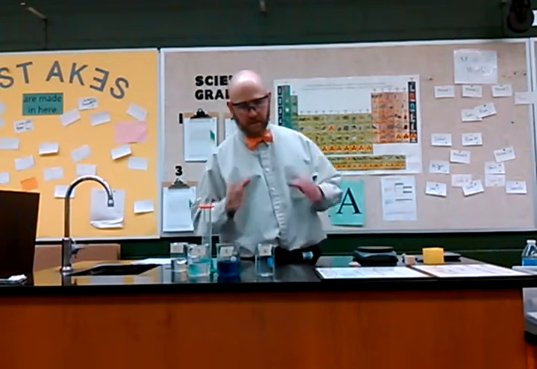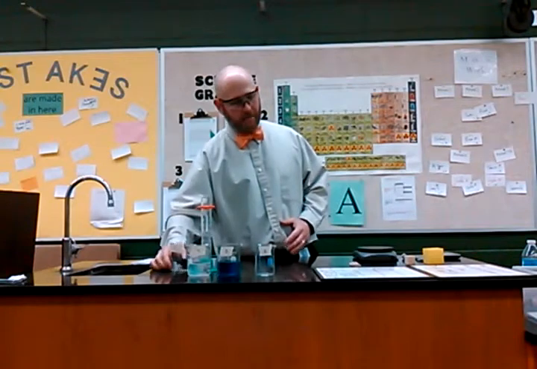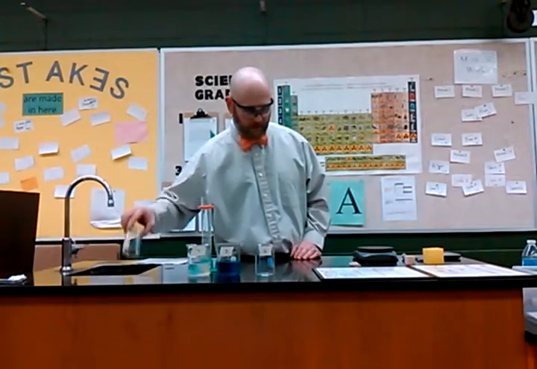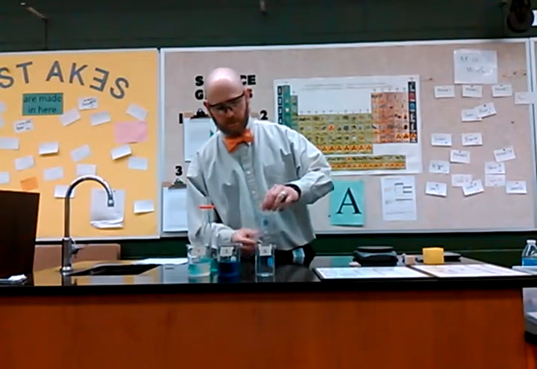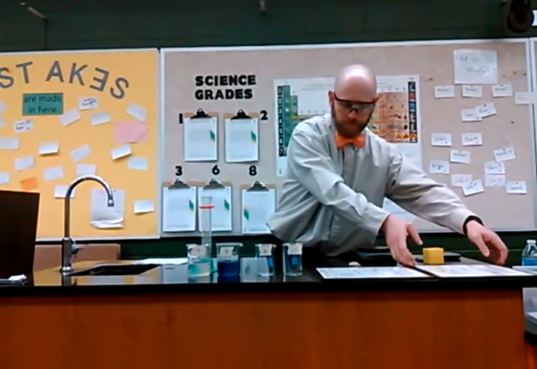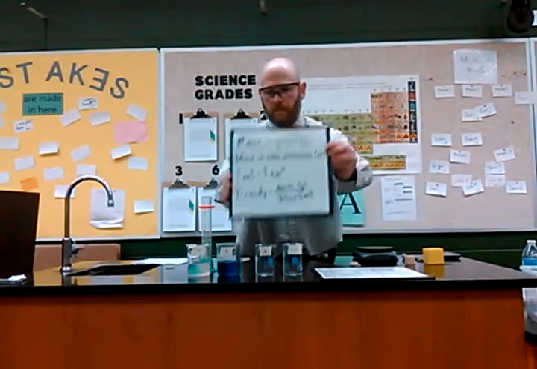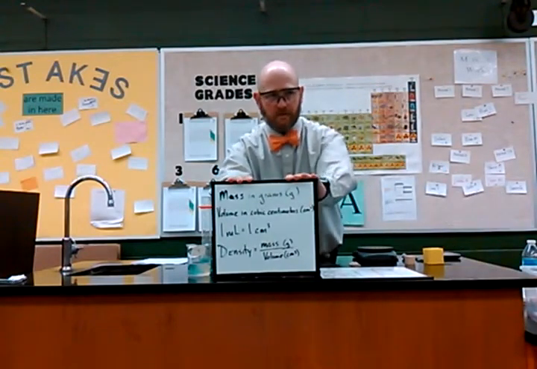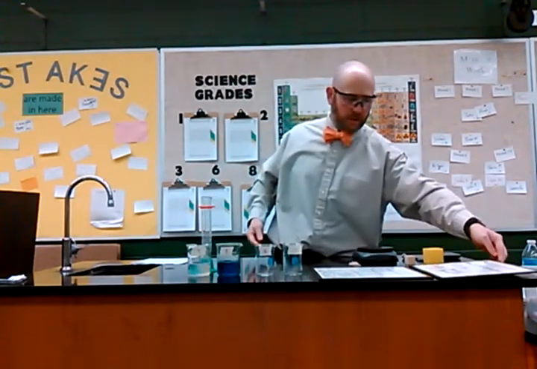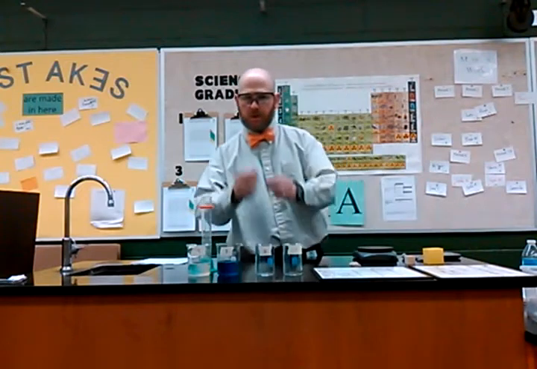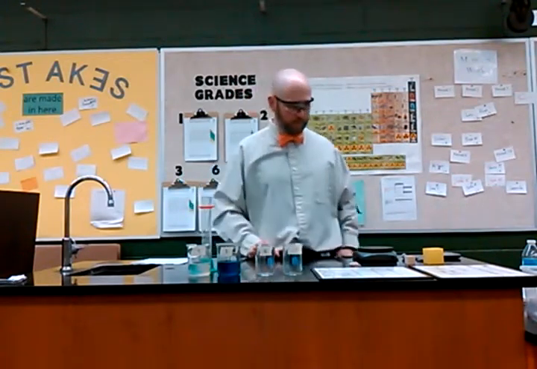Then I have the mass of the water and the volume, which was 70 milliliters, and I am able to calculate the density. And density is mass divided by the volume. Density is expressed in grams per cubic centimeter. The important thing to remember is that 1 milliliter is equivalent to 1 cubic centimeter.